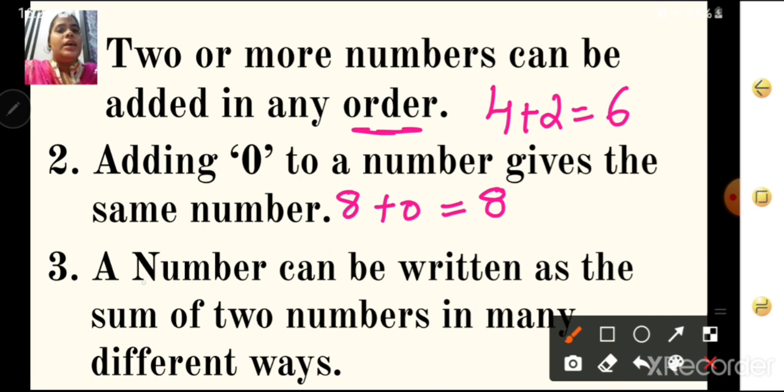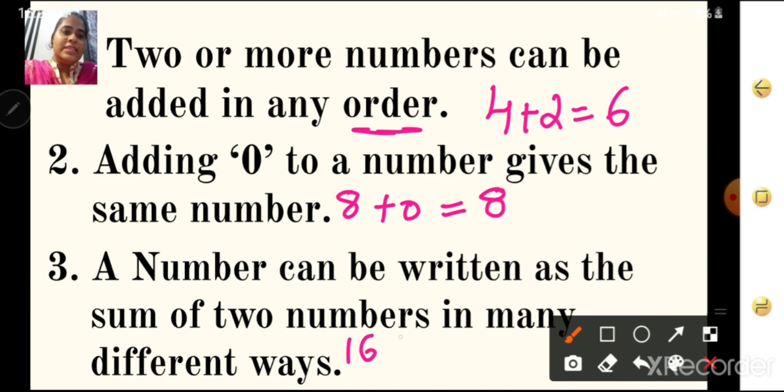Okay. A number can be written as the sum of two numbers in many different ways. Now according to this addition fact, I can write a number, for example the number 16, as a sum of any two numbers.